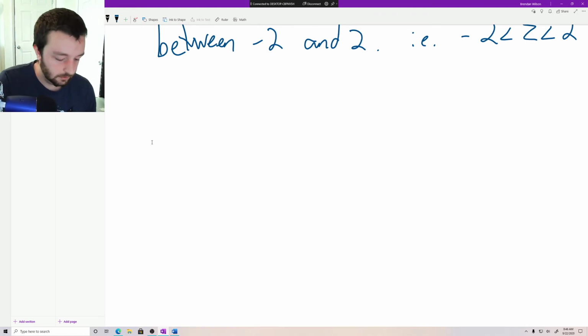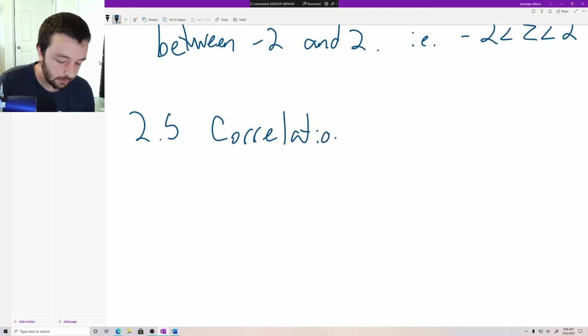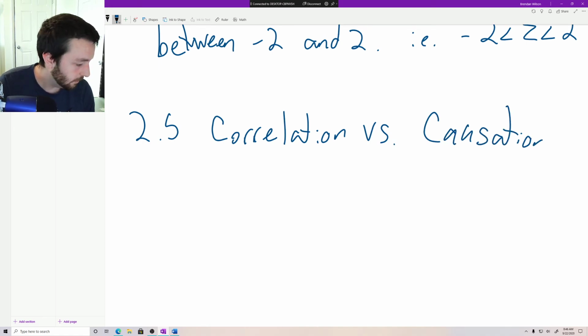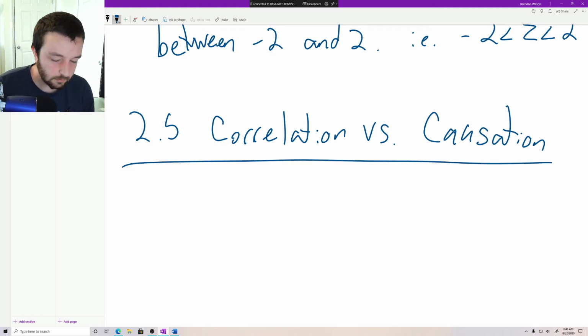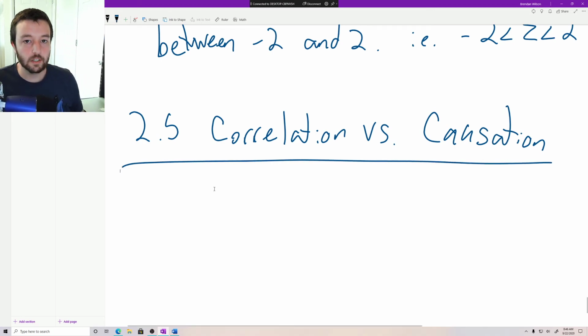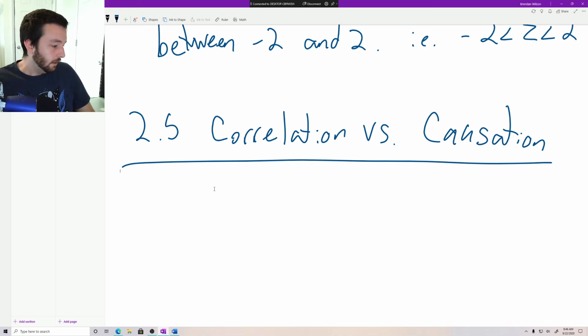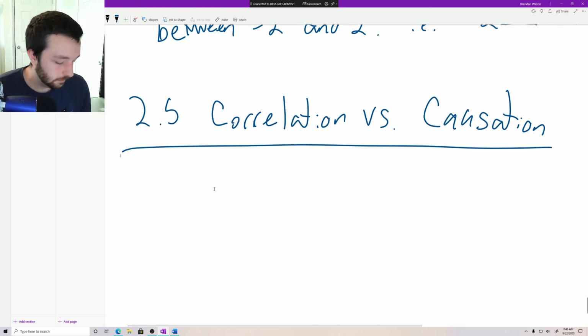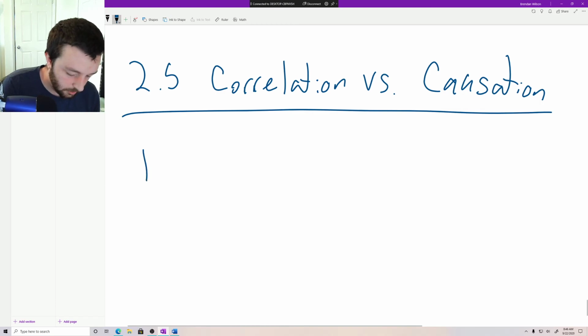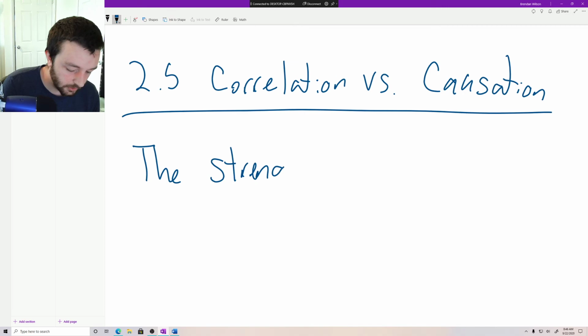2.5, there's also not a lot to say about it. It's just an important concept to bring up, which is the idea of correlation versus causation. It's important to bring up because we very often confuse these two. First of all, what does correlation mean? Well, it's really the strength of their relationship.